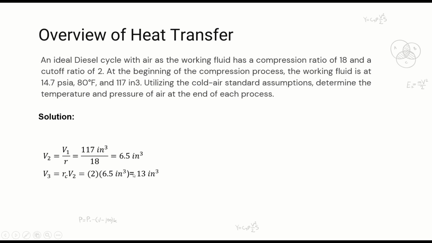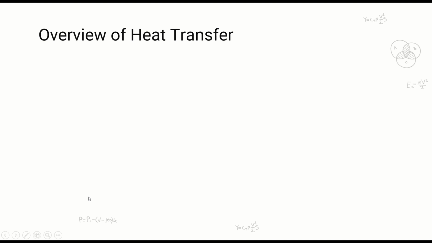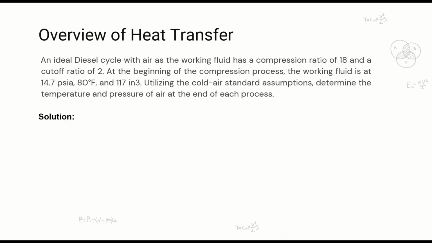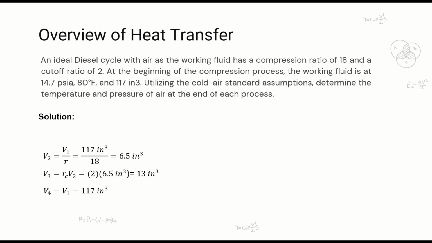By multiplying it, we have now our value of V3, which is 13 cubic inch. Now let us find V4. V4 here is a given, so V4 is 117 cubic inch.